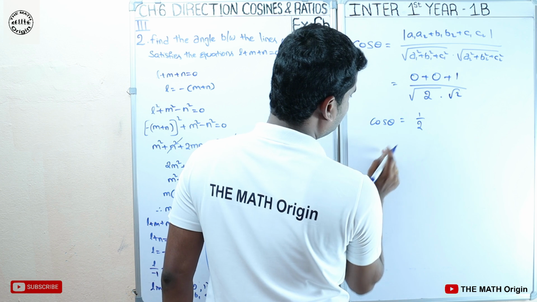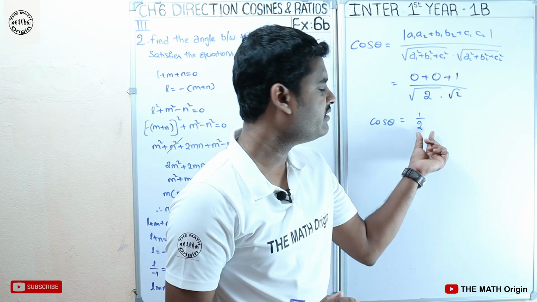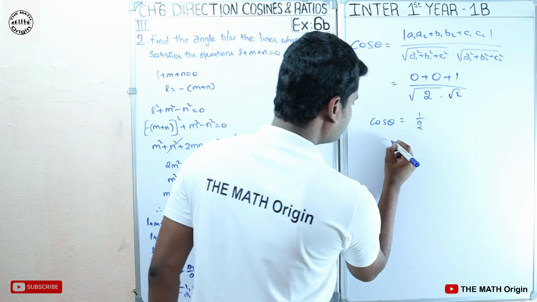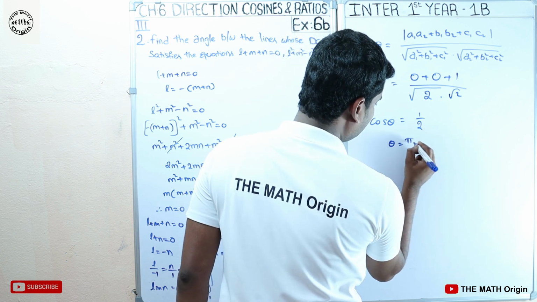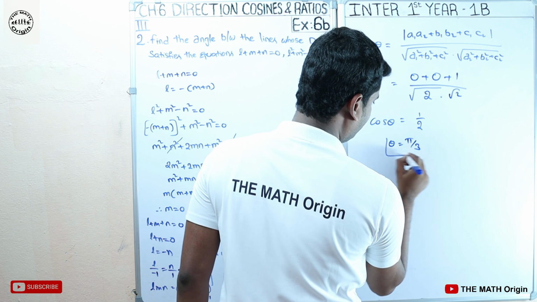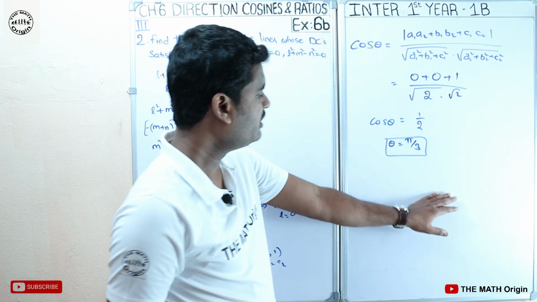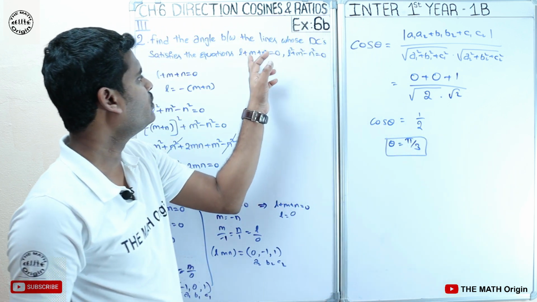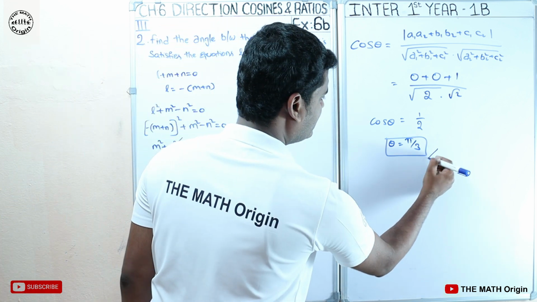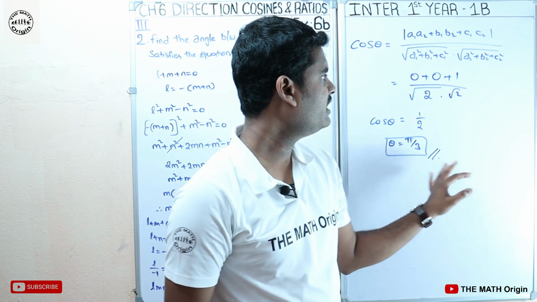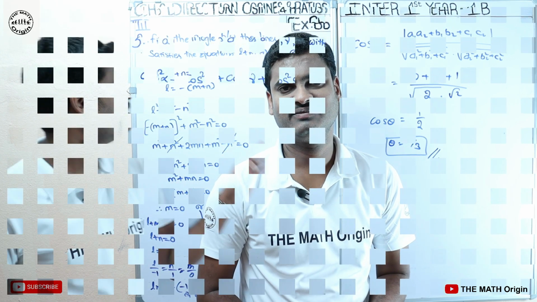Therefore cos theta equals 1 by 2, so theta equals 60 degrees, which is pi by 3. Therefore the angle between these two lines is pi by 3. Here ends our second question.